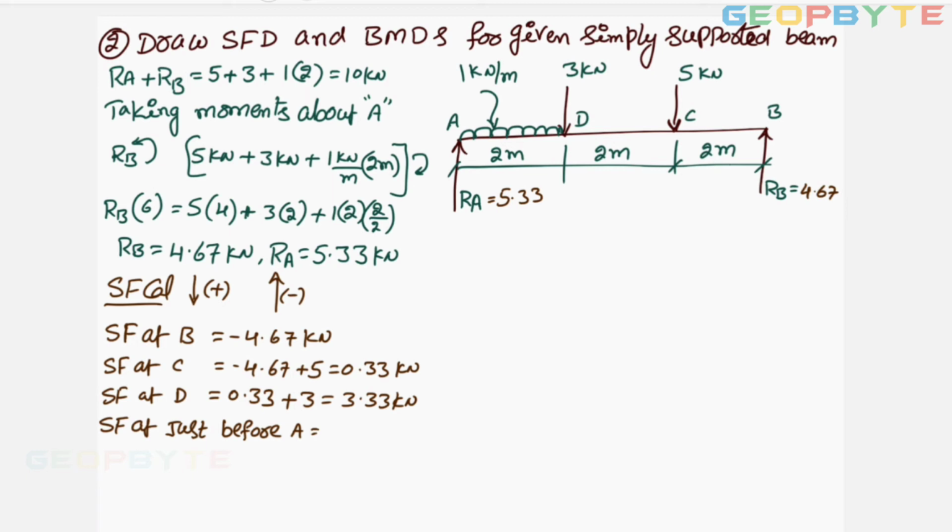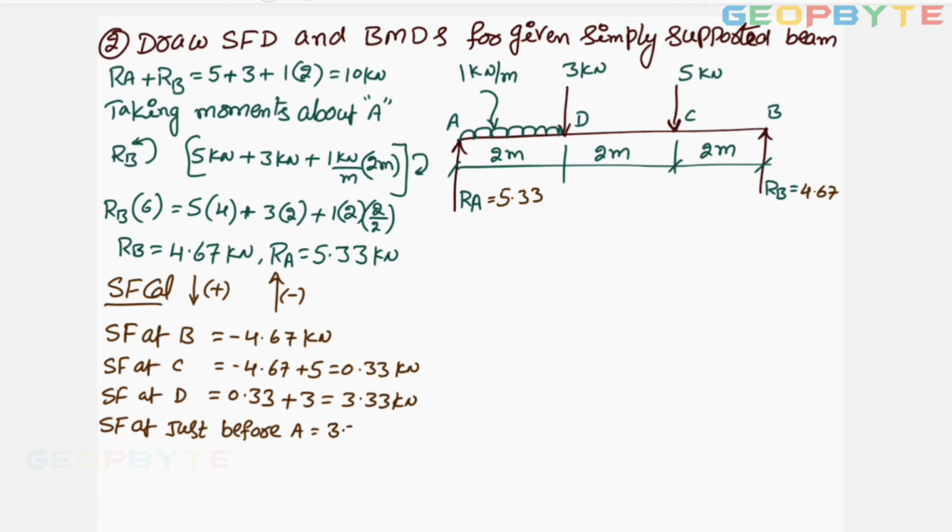Since two effects are there at A, one is the UDL effect, the other one is the point load effect. That's why first I am finding shear force just before A. For finding the shear force just before A, you consider the effect of only UDL.